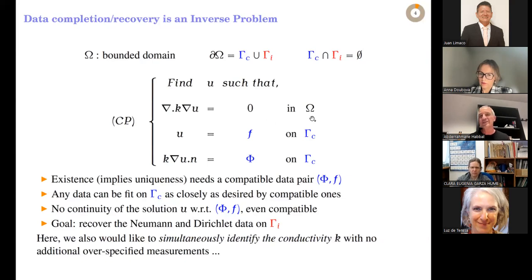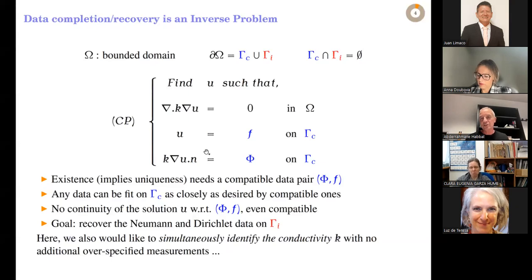It is a PDE set in omega, but with over-specified data on only a part, gamma C, which we call the accessible part of the boundary. On this accessible part, I have over-specified Dirichlet data and Neumann data.